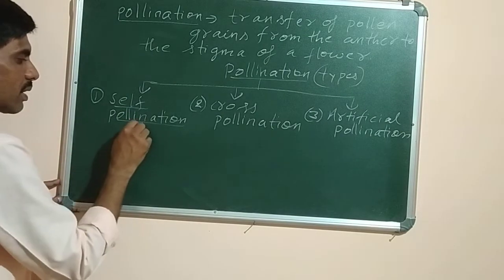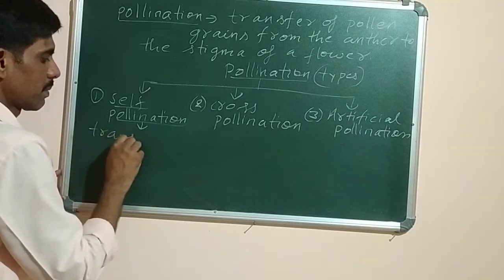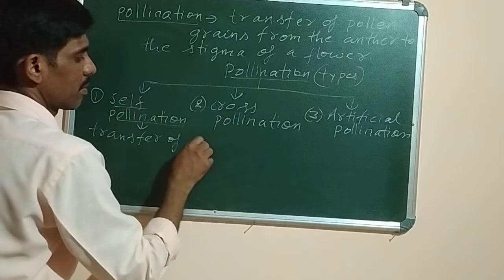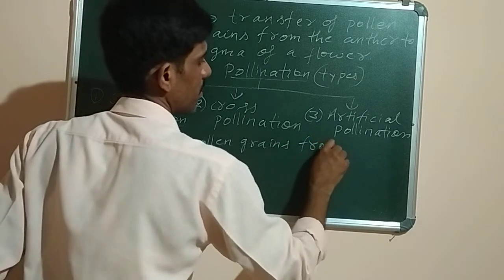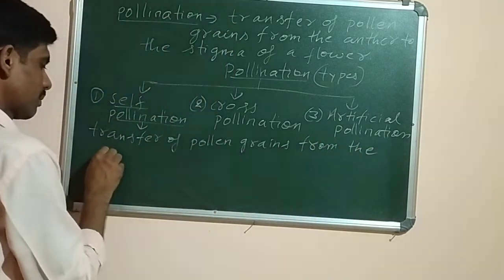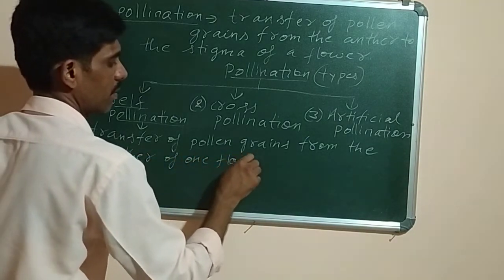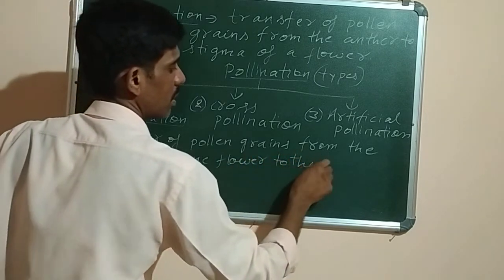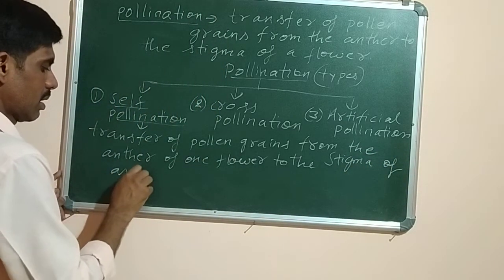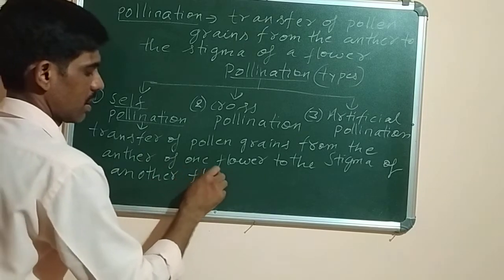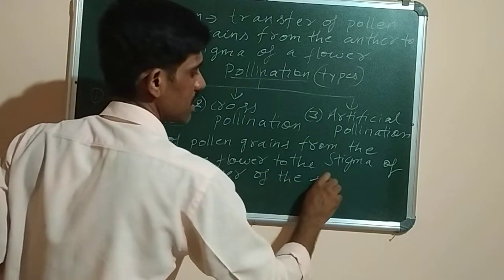What is self-pollination? I'll try to write it here. Self-pollination: transfer of pollen grains from the anther of one flower to the stigma of another flower of the same plant.